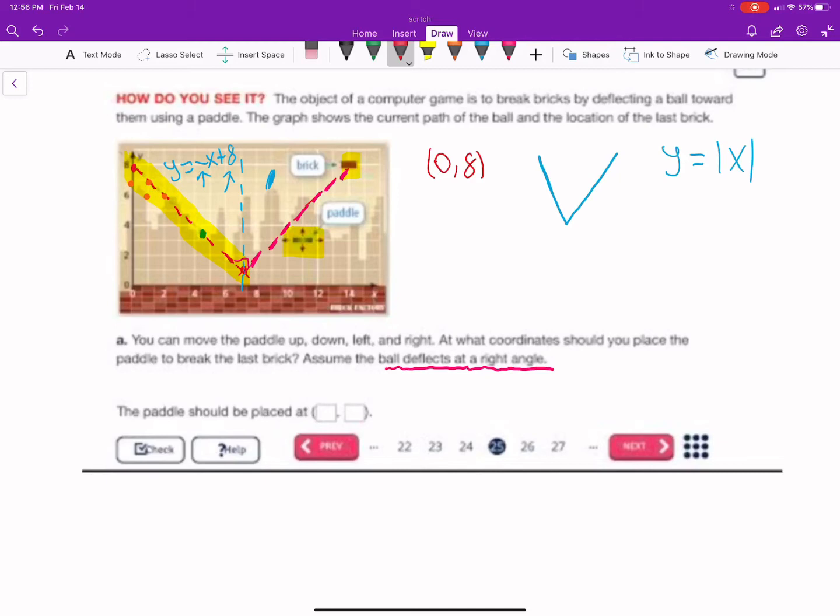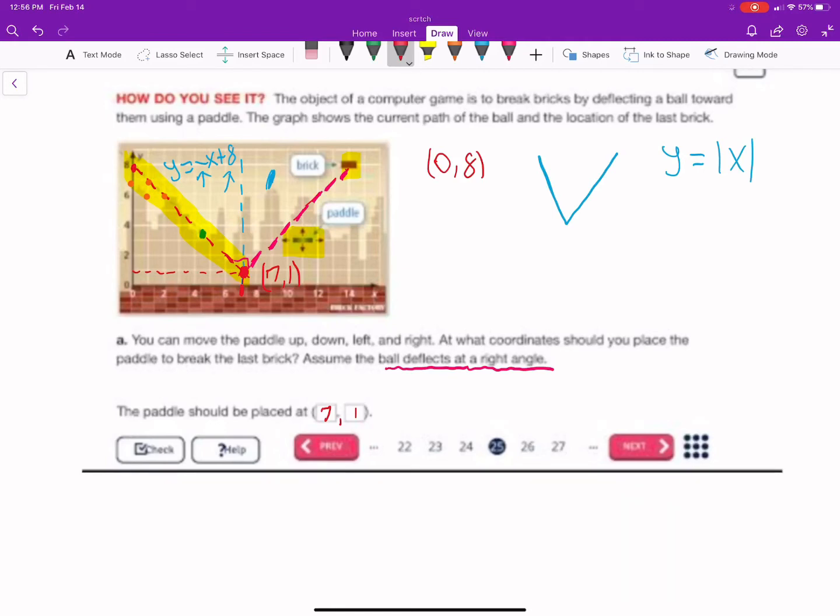And this point where they intercept is 7,1. The 7 is coming because it's between the 6 and 7. So for the first part, where should the paddle be placed so it hits the brick? 7, comma, 1. That's our coordinate point.